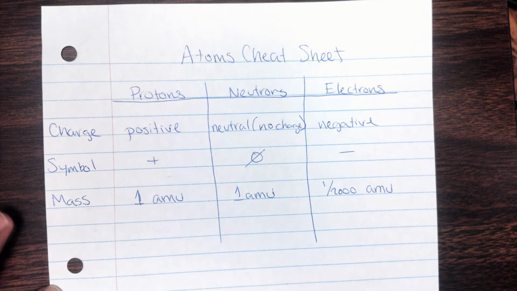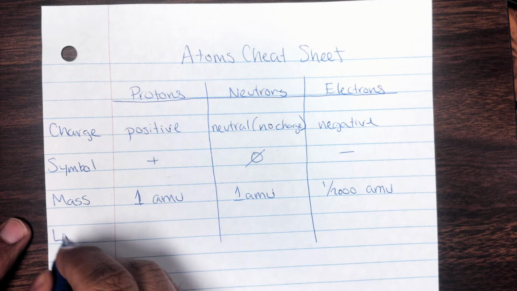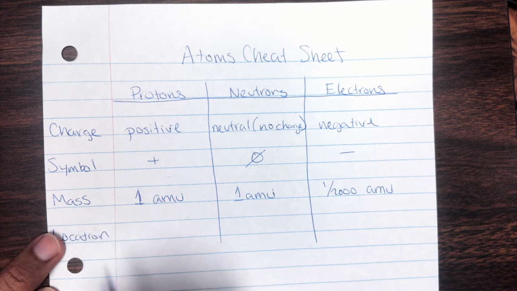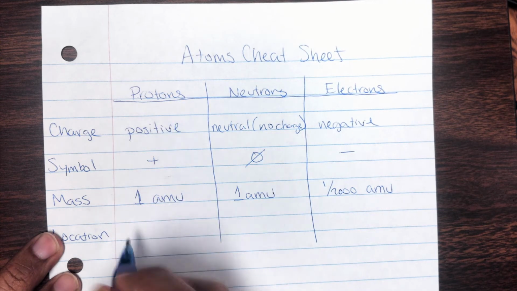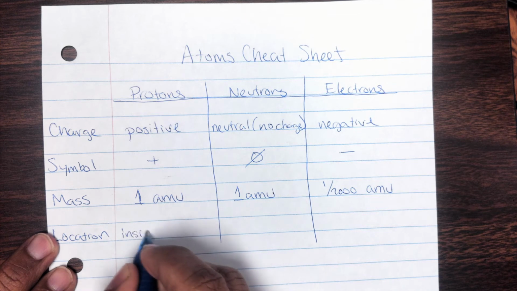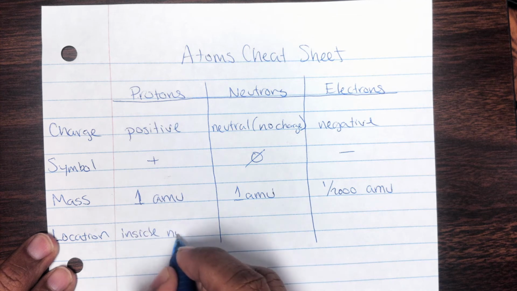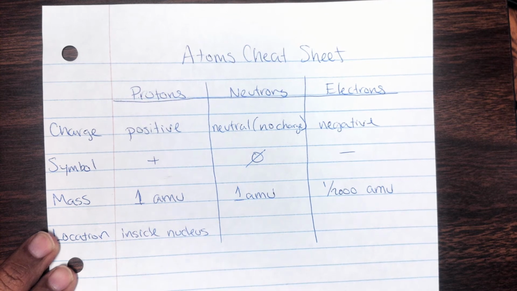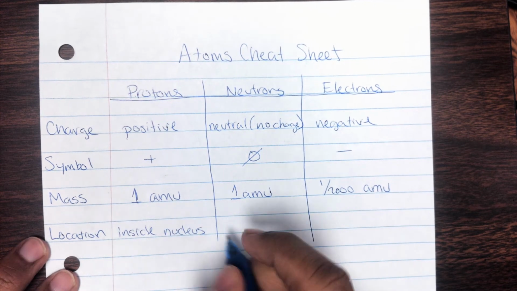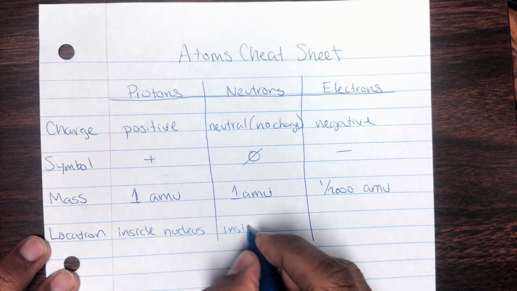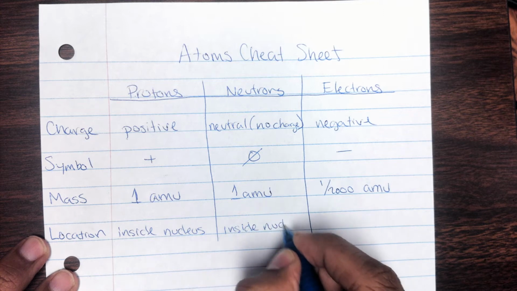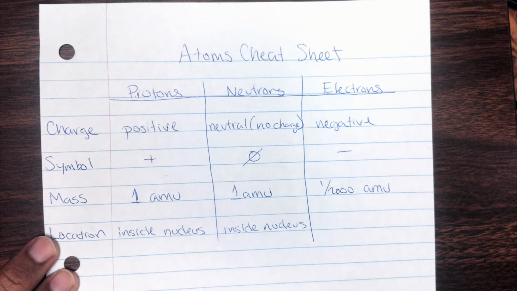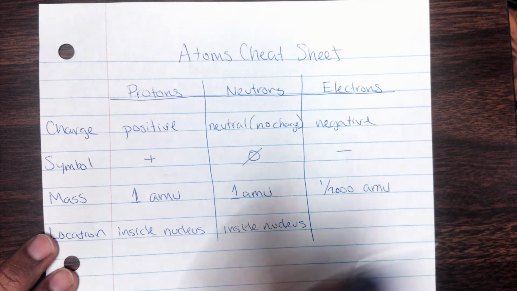Lastly, we're going to talk about location. So let's write location over here. Protons are inside the nucleus, which is in the middle. Neutrons are also inside the nucleus. Electrons are located around it.